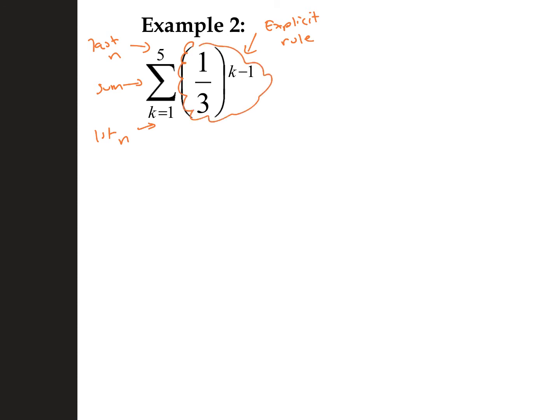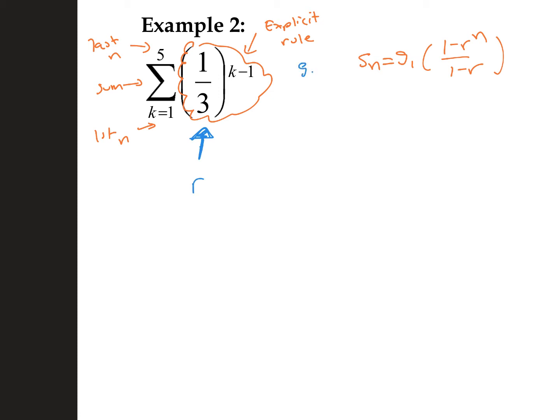So since I see a fraction raised to a power, that tells me it's geometric. So I know here S sub n is equal to g sub 1 times 1 minus r to the n over 1 minus r. So let's look at a few things to help you out. This inside your fraction will always be your r.